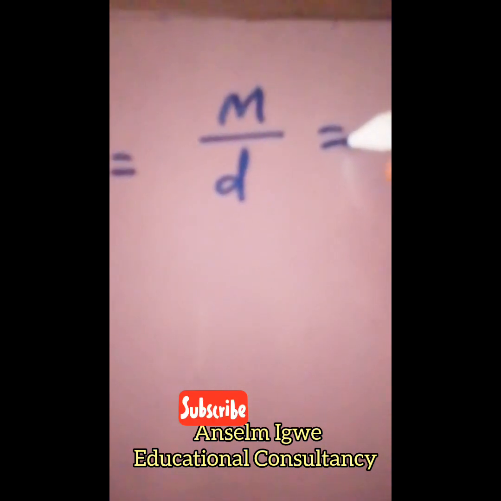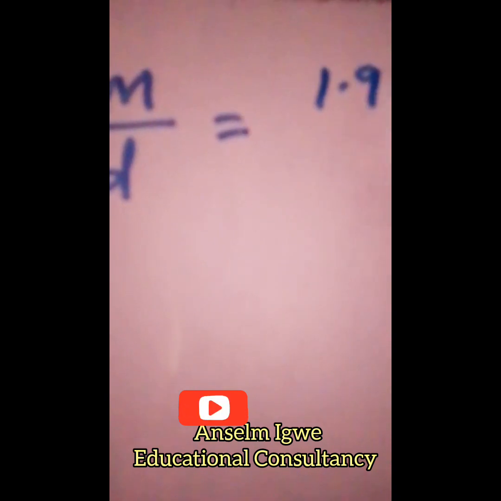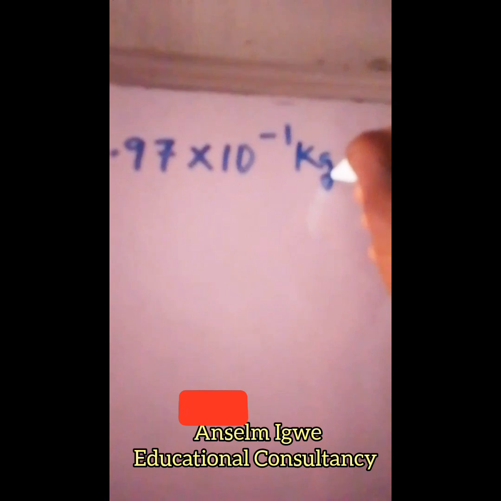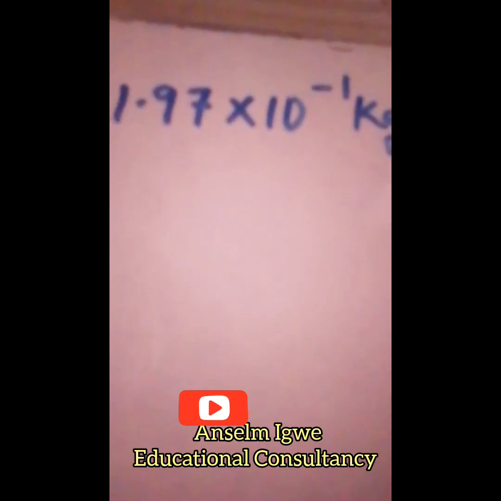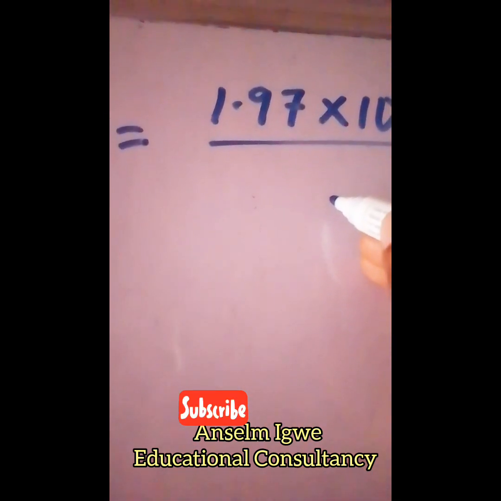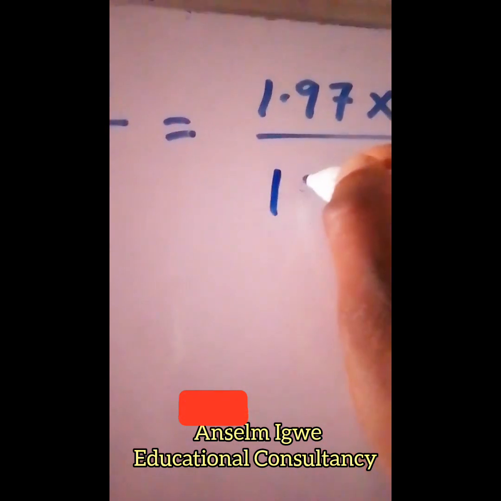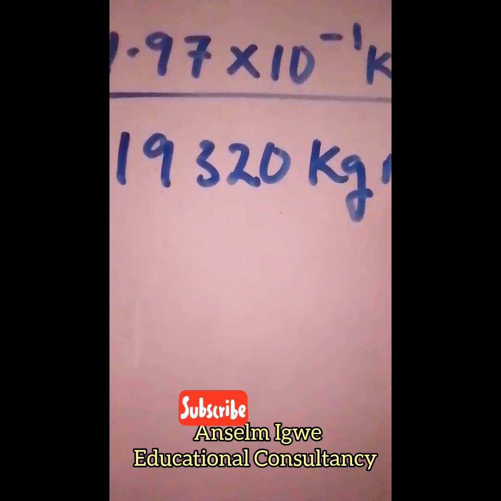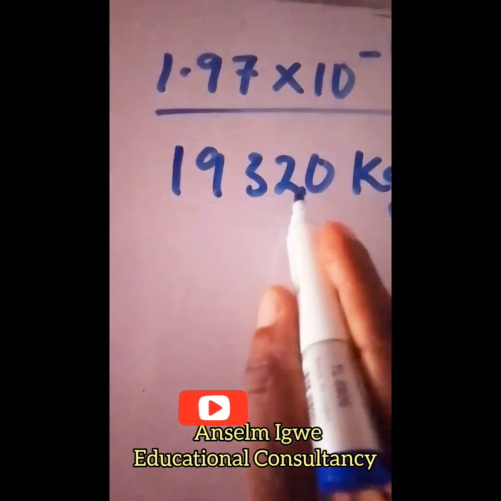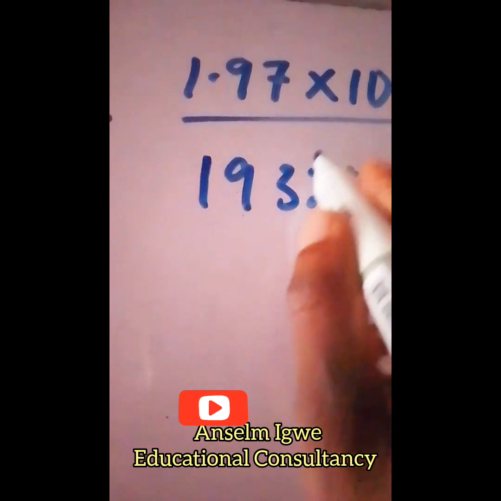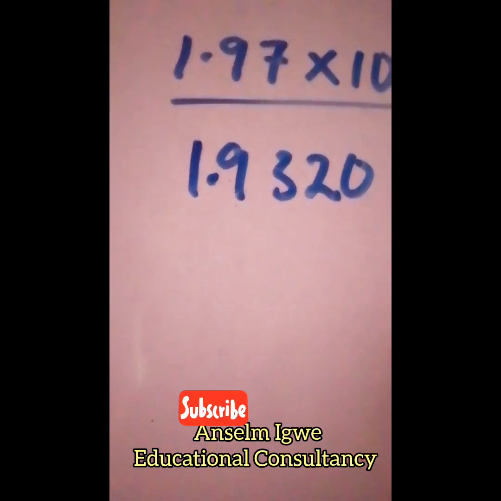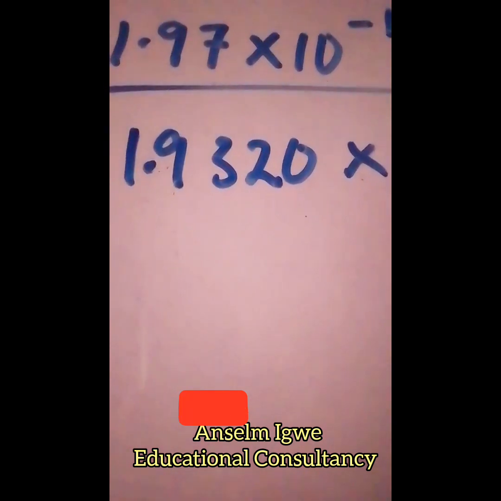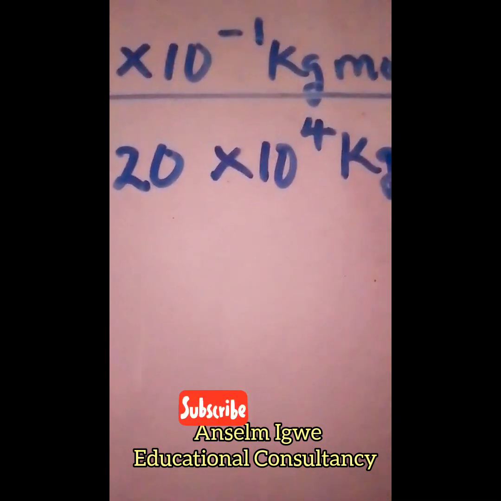And the molar mass was found to be 1.97 times 10 raised to power minus 1 kilogram per mole, divided by the density, which was found to be 19,320 kilogram per meter cube. So it's better we convert this to standard form too: 1.9320 times 10 raised to power 4 kilogram per meter cube.